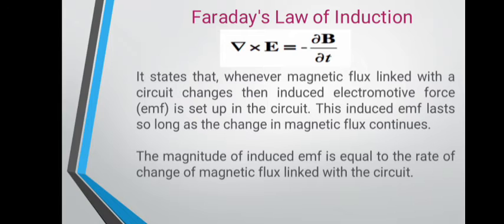This induced EMF lasts as long as the change in magnetic flux continues. The magnitude of the induced EMF is equal to the rate of change of magnetic flux linked with the circuit. This is known as Faraday's law of induction.